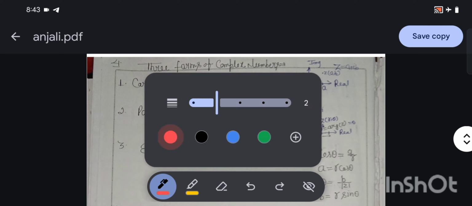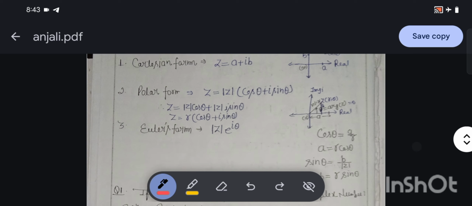Second is polar form. So z is equal to mod of z (cos theta plus iota sin theta), where mod of z is equal to r. So what will be your equation? z is equal to r (cos theta plus iota sin theta).